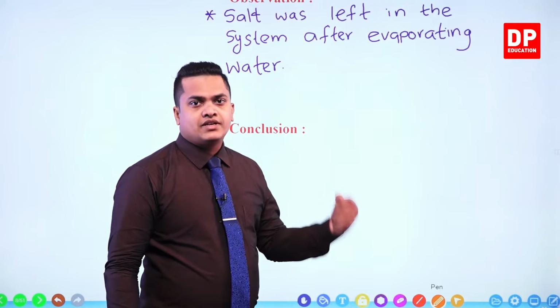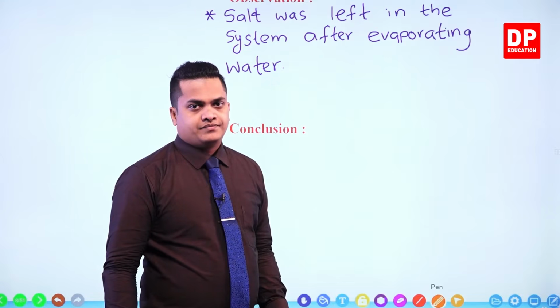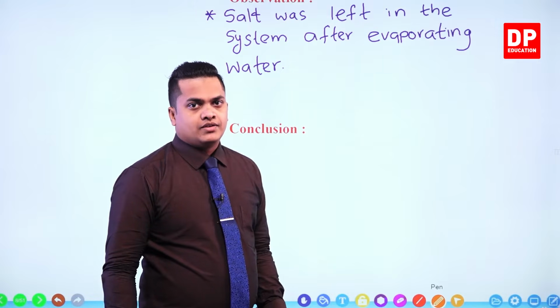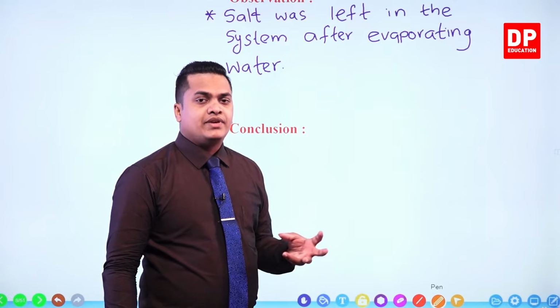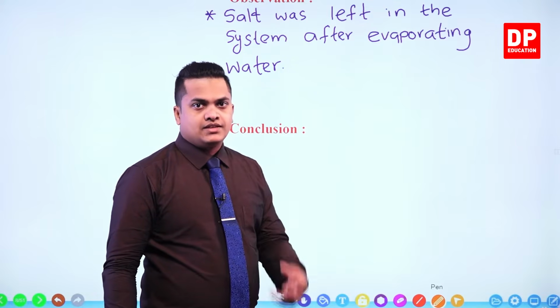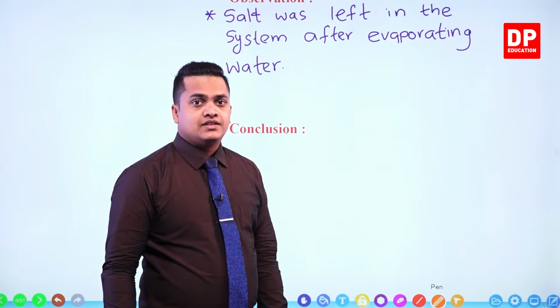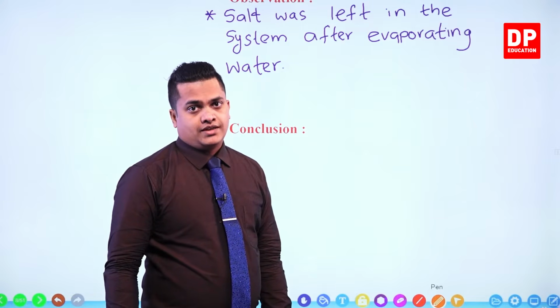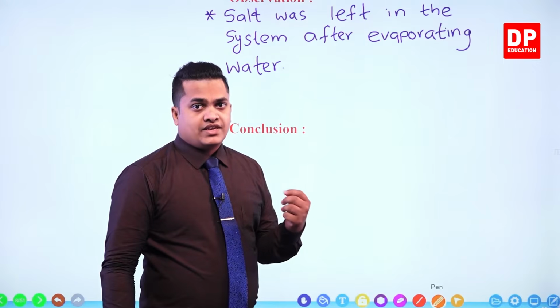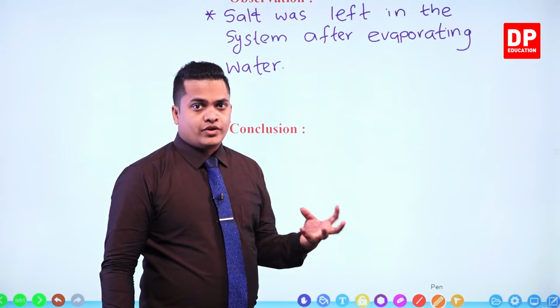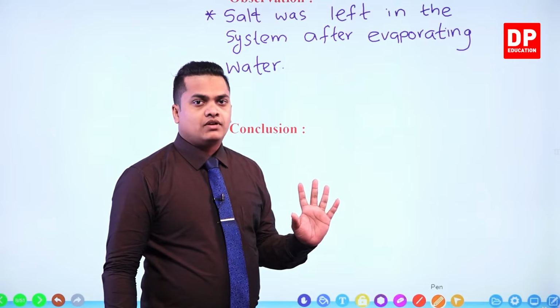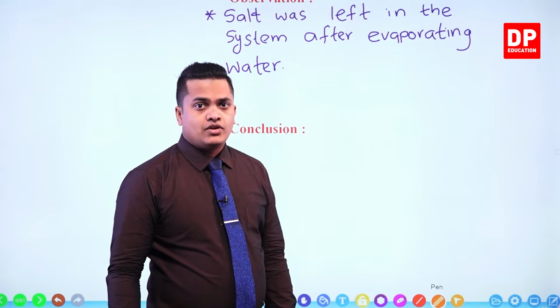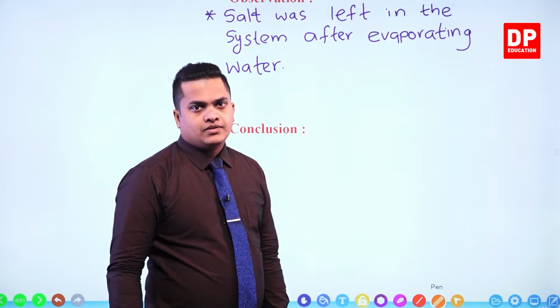That's why we can revert it back to the original state, right? So dissolving salt in water can be considered a physical change, a physical state change. Salt dissolves within water, and when I evaporate water, once again salt remains, right?